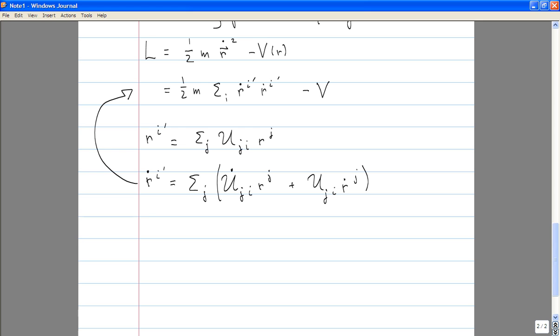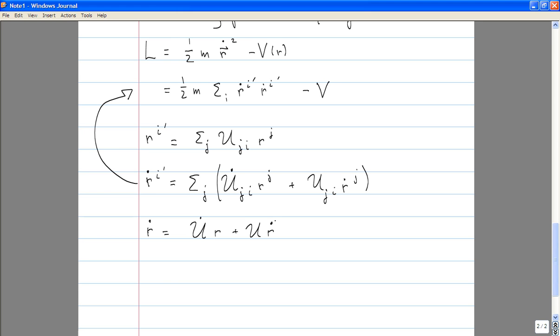And the reason I wasn't very careful about how I wrote my indices is that the sentence I was about to say before you asked your question was the following. Let's not be careful about our indices and just derive this schematically. So roughly speaking, R dot is equal to the matrix U dot times R plus U times R dot.